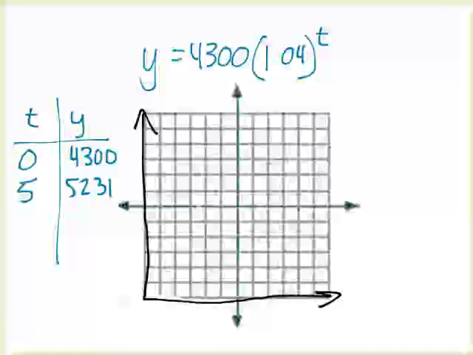Okay, so 5 years doesn't cut it. Maybe 8 years will do it then. $5,884. Not quite, so maybe it's 9. And that gives us the 6120.